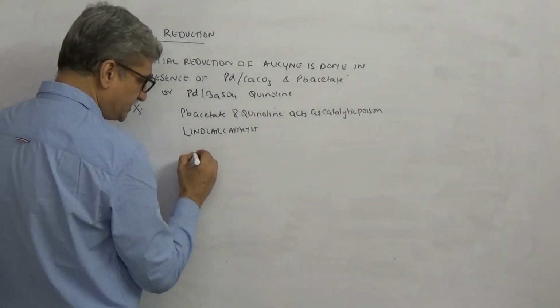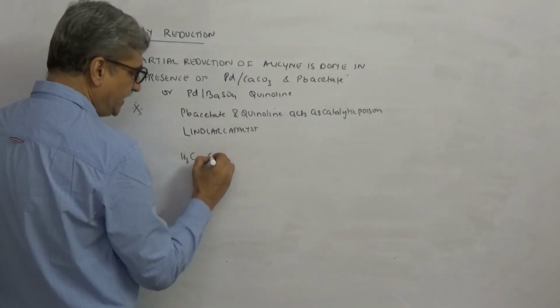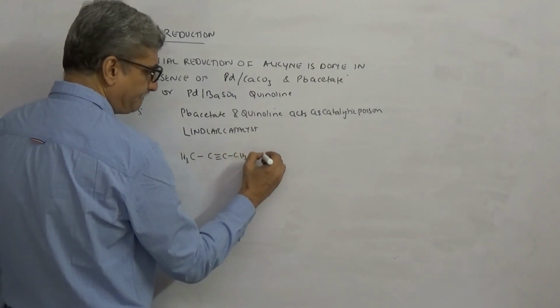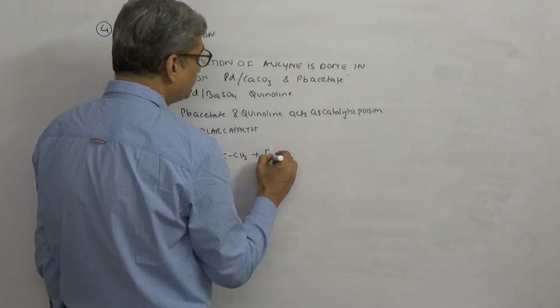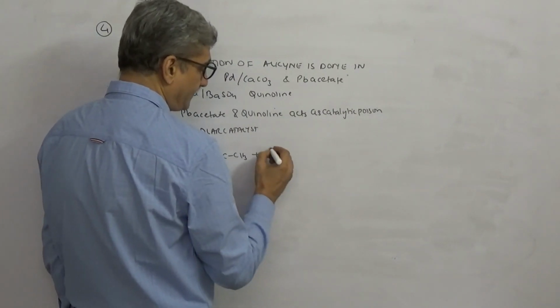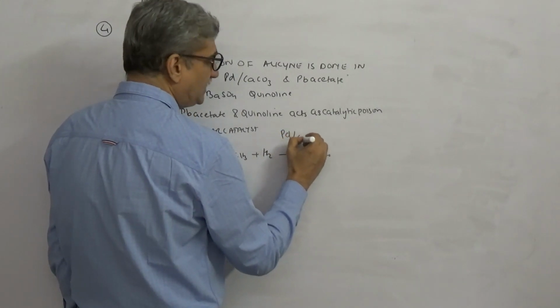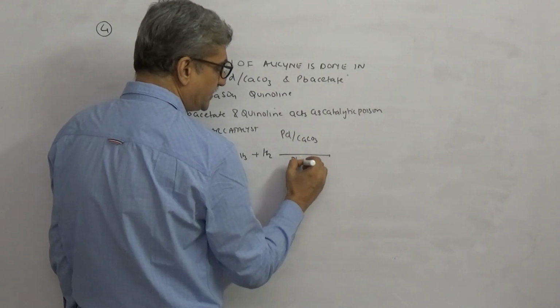See what happens is, suppose you have, let us say, CH3-C≡C-CH3. So you got hydrogen, a source of hydrogen, and you used palladium, calcium carbonate and lead acetate.